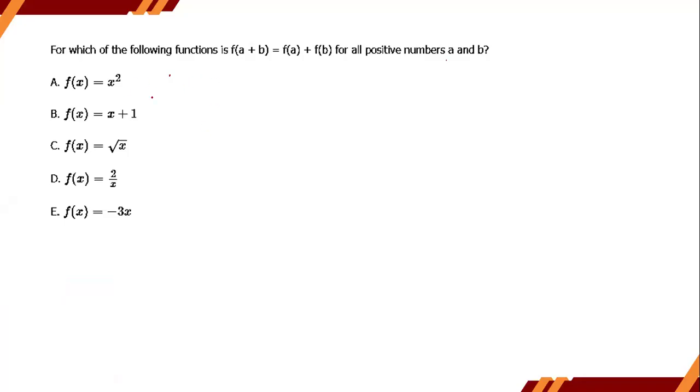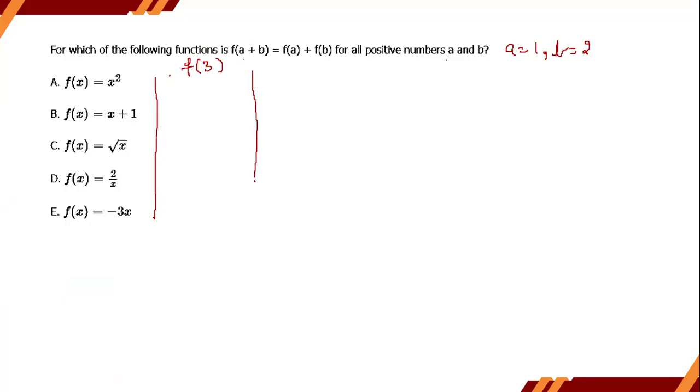All right, so we need to substitute values for the variables a and b. So let's take a equals 1, and b equals 2. With this, we need to calculate f of 1 plus 2, that is f of 3, right?